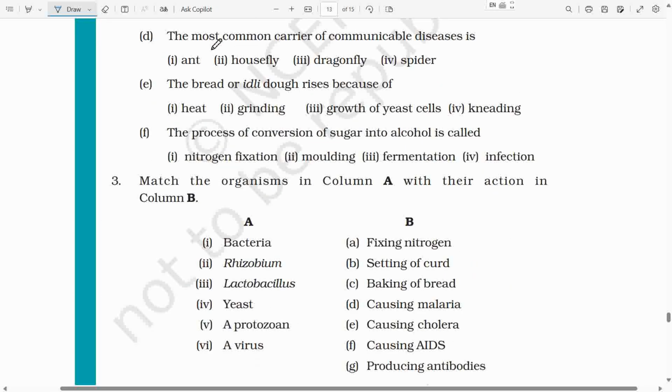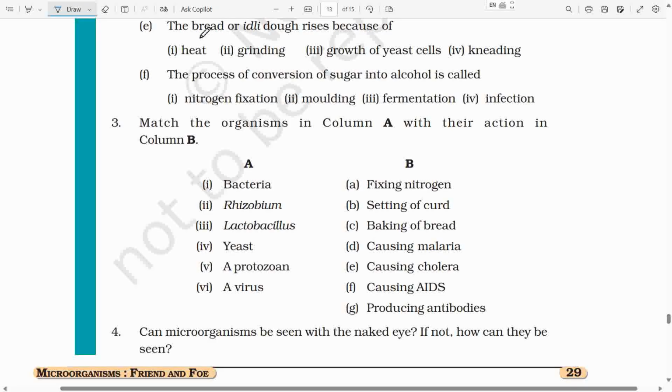Housefly, 4. Butterfly. D. The most common carrier of communicable diseases is 1. Ant, 2. Housefly, 3. Dragonfly, 4. Spider. E. The bread or idli dough rises because of 1. Heat, 2. Grinding, 3.